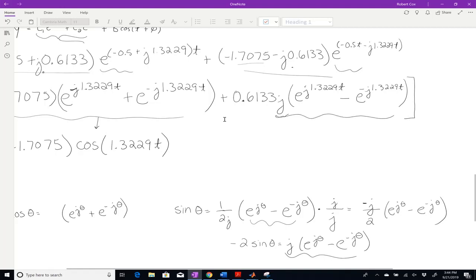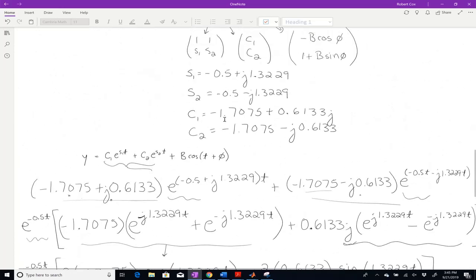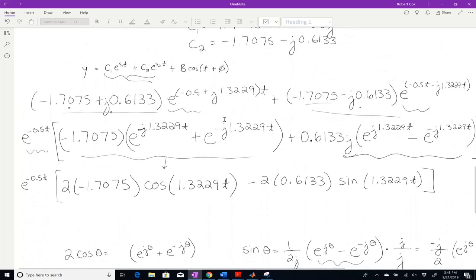So I'm going to write this now as minus 2 times 0.6133 times sine of 1.3229t, because of the way I manipulated this here. And that is my full expression for the transient response.